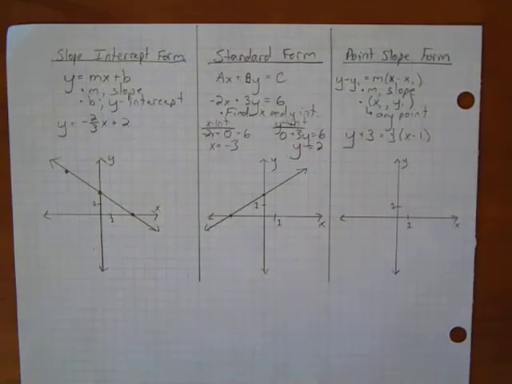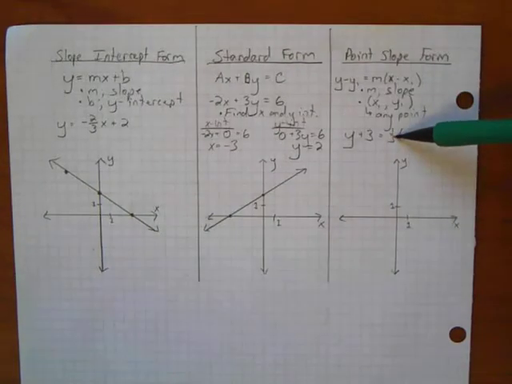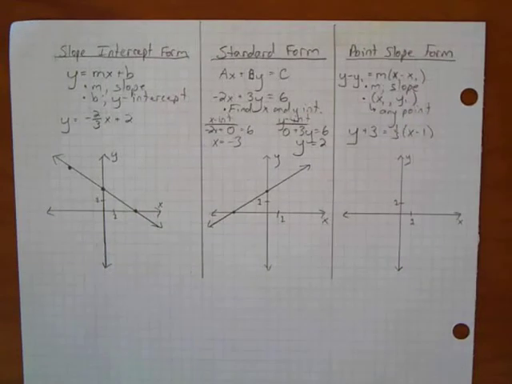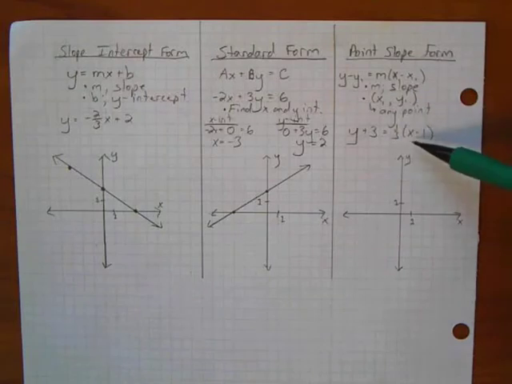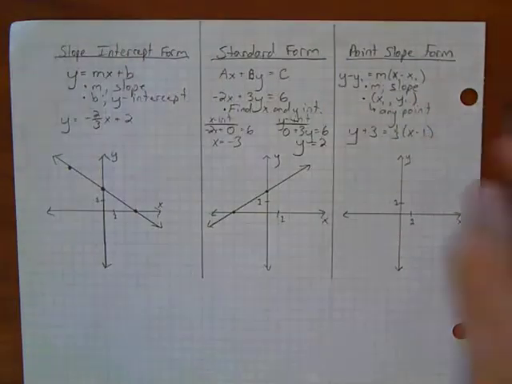So we know a couple things from this equation. We know the slope is 1/3. So our rise is 1 and our run is 3. We also know one other point on this graph comes from this particular x value and this particular y value. Notice in our equation it's x minus x1. So our x1 is 1.